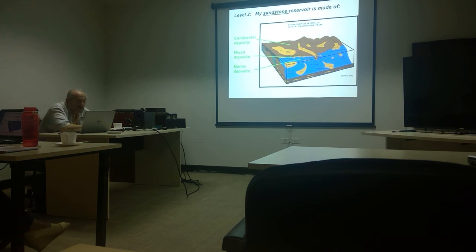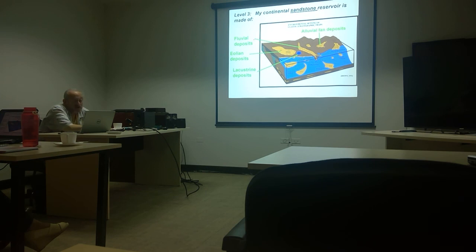So let's use continental deposits as an example. So let's look at this set of deposits here. So here they are at level 3. We've got fluvial deposits, aeolian deposits, alluvial fan, and lake deposits.